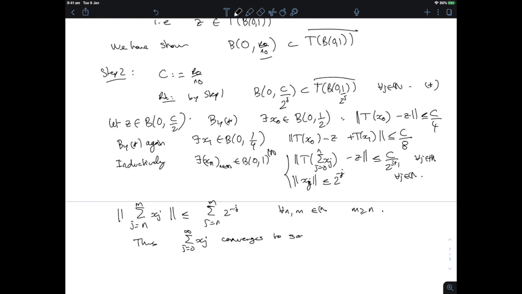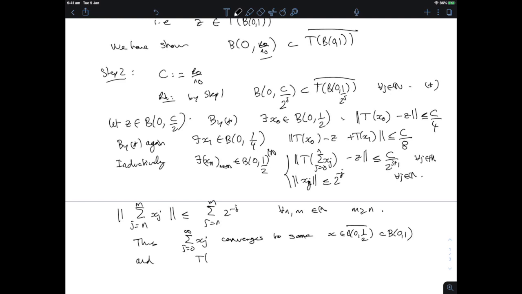To some x. In what? Actually, not only did I take all of them in the ball of radius 1, but I actually took all of them in the ball of radius 1/2. So it converges to some x that is in the closure of the ball of radius 1/2, which is certainly in the open ball of radius 1.